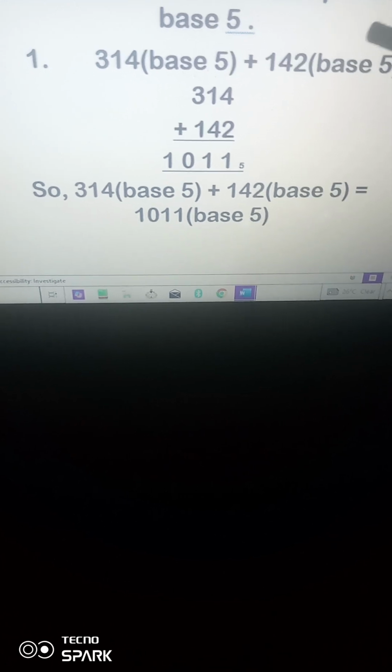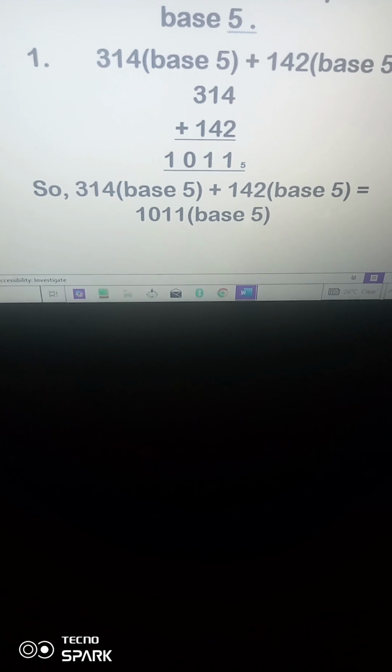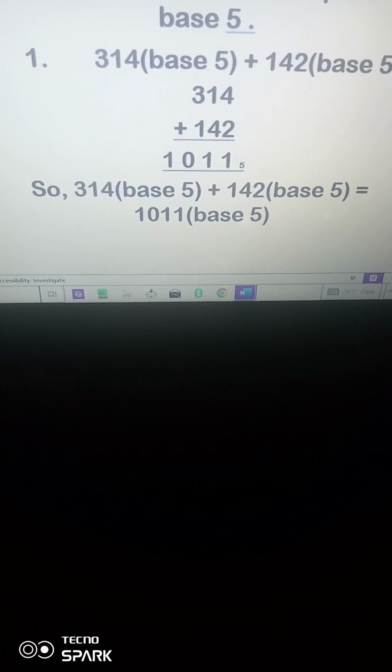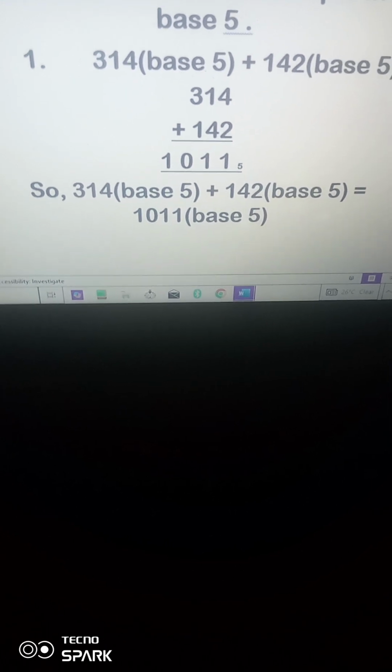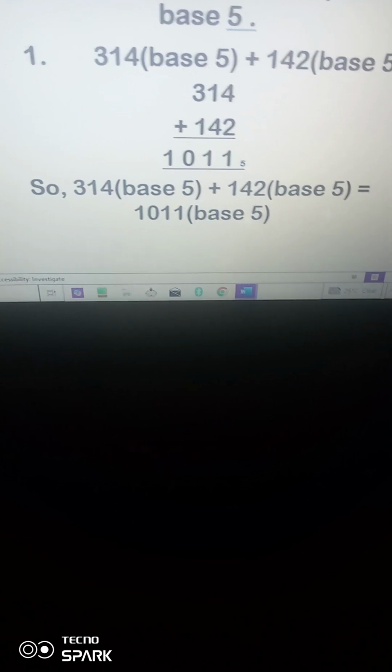In doing addition in base 5, the bundle is in base 5. When it is up to 5, it becomes one bundle. You cannot write 5 in base 5, so you carry it to the other side as 1, just as we used to carry in the decimal system or base 10 system. So let us attempt this question.